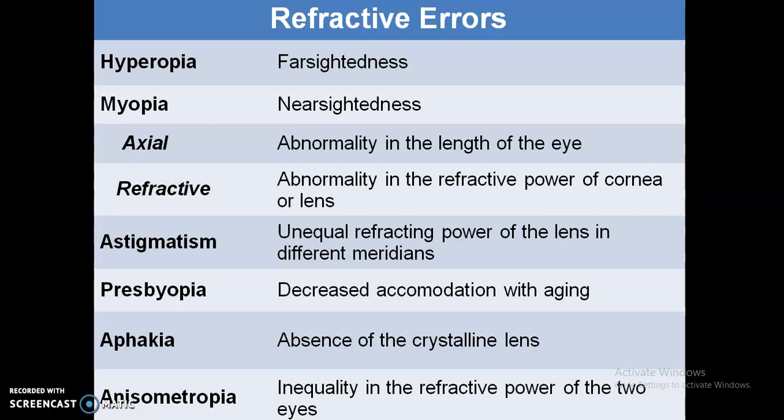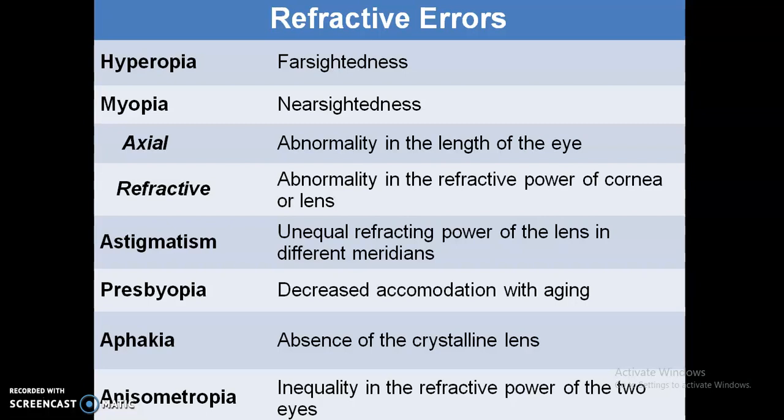Myopia is of two types, axial, which is abnormality in the length of the eye, and refractive, which is abnormality in the refractive power of the cornea or the lens. Astigmatism is unequal refracting power of the lens in different meridians. Presbyopia is decreased accommodation with aging. Aphakia is the absence of the crystalline lens. Anisometropia is inequality in the refractive power of the two eyes. These are the common refractive errors.